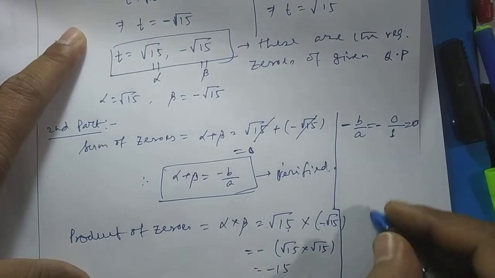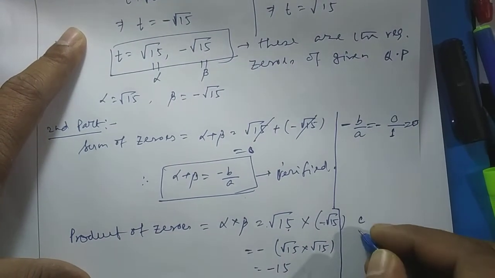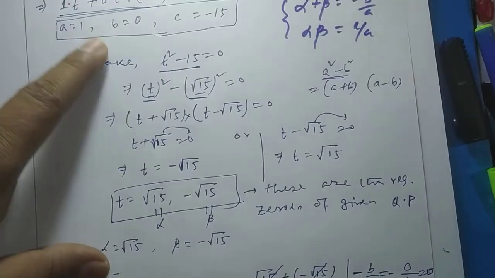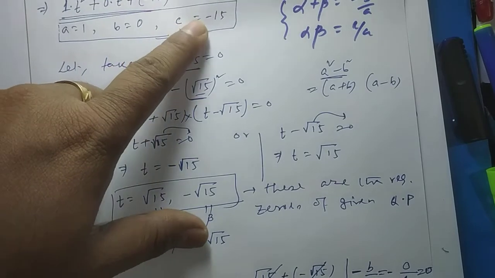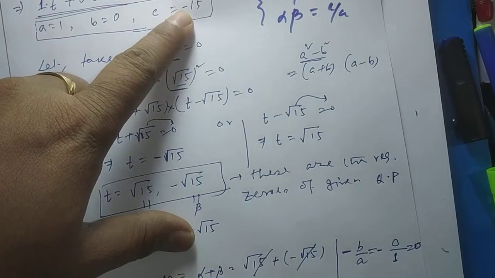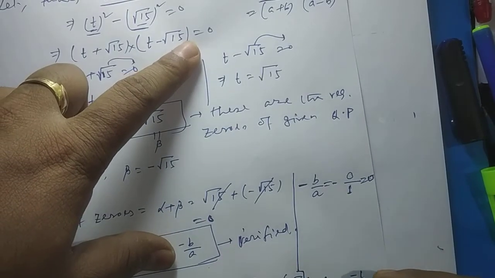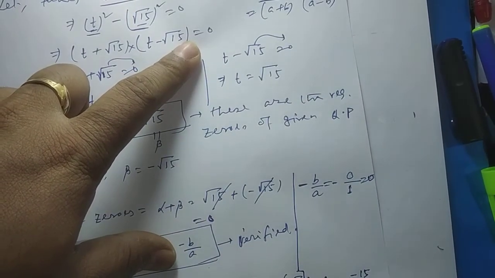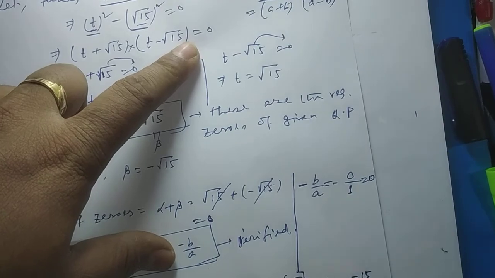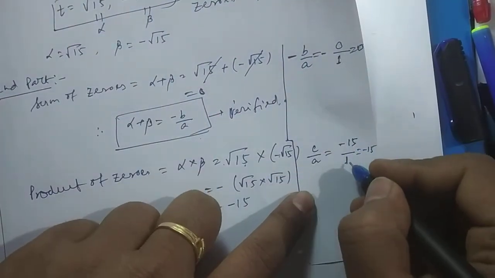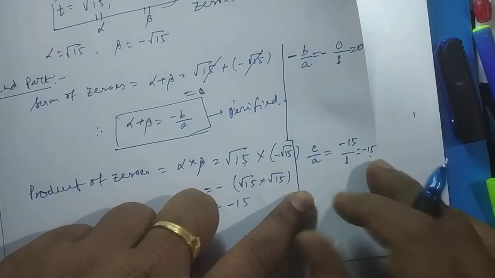At the same time, just find out c/a. Now, look at here. What was the value of c here? −15. And a was 1. Now put it here. −15 by 1 means −15. So c/a = −15/1 = −15.